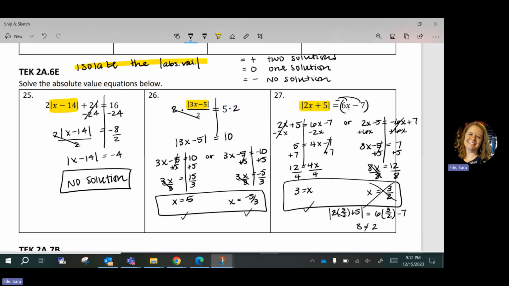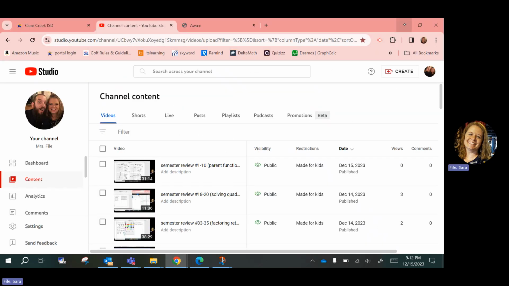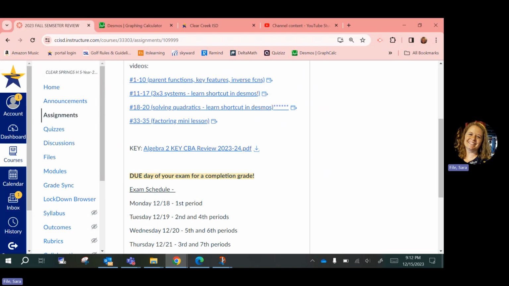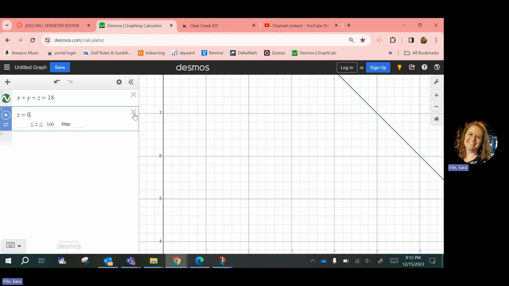Now, in terms of doing absolute value functions in Desmos, let's look at that. Here we go. Clear out what we were doing with the systems here. All right.